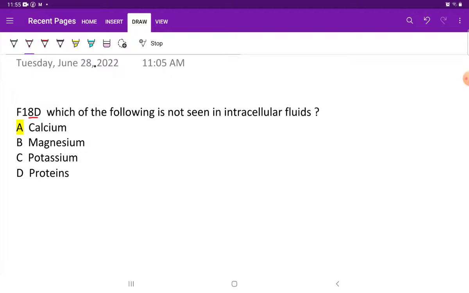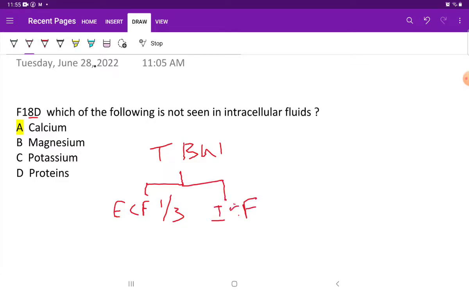As we know, out of total body water, ECF is 1/3 and ICF is 2/3.